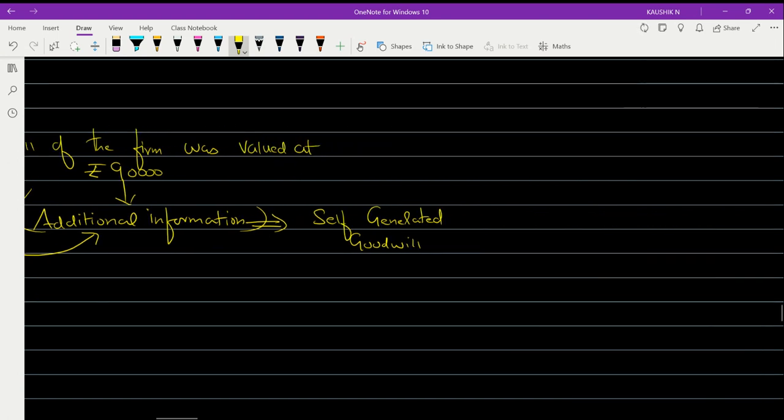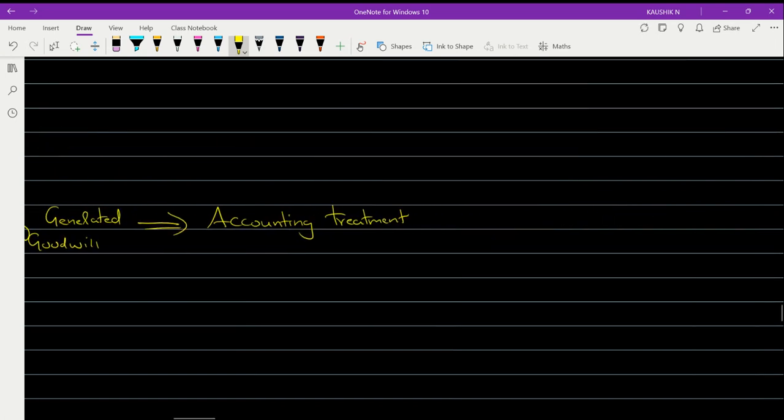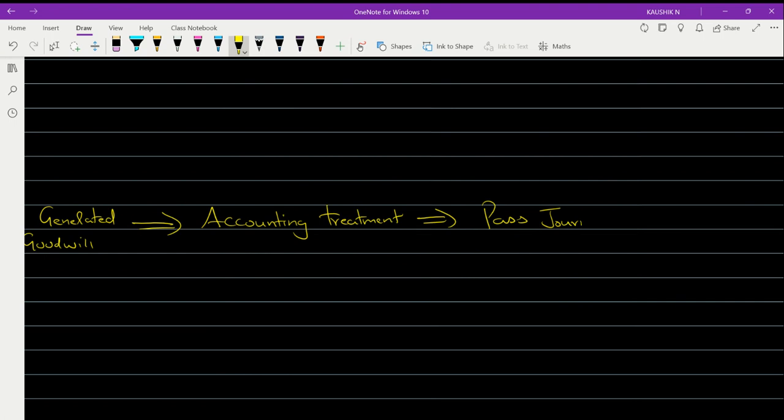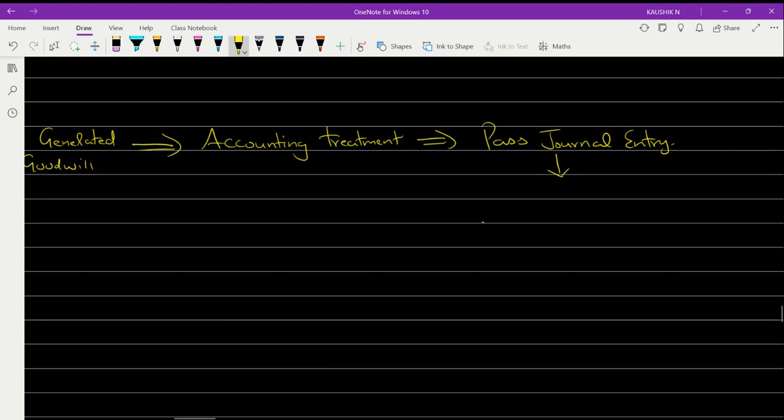Now, what is the accounting treatment for self-generated goodwill? For self-generated goodwill, you have to pass a journal entry. What is that entry, if you ask? The entry is quite simple.